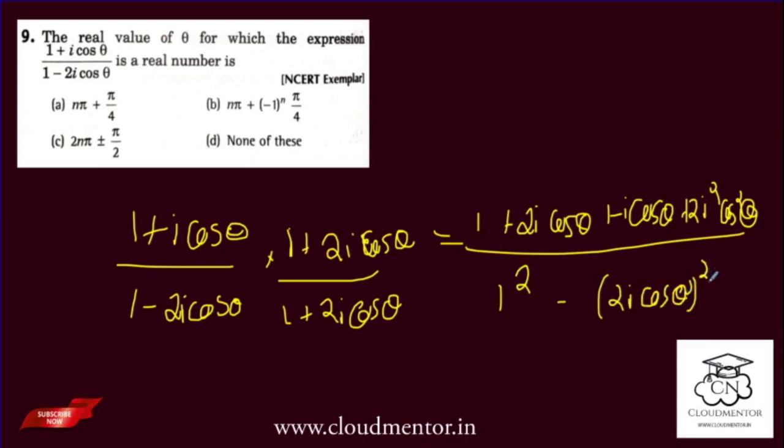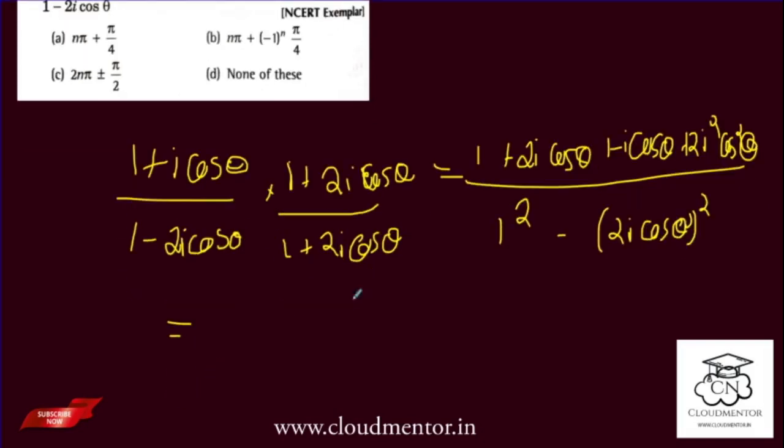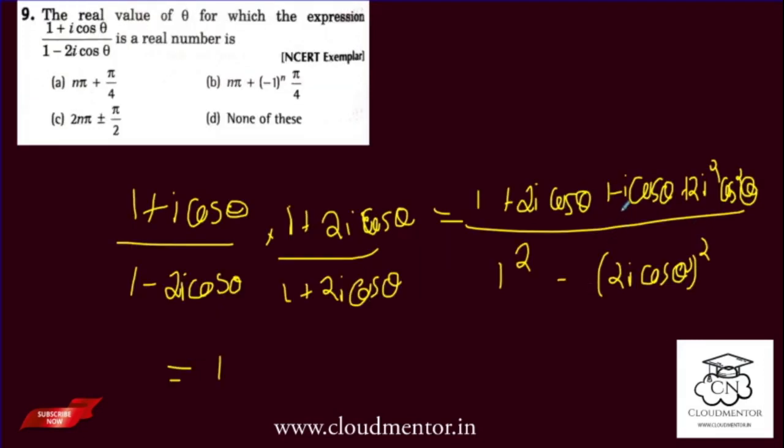So that will be equal to 1 plus, what is this, 1 minus 2i cos theta, 2i cos theta of 1. Oh, this is plus sign, okay, sorry.